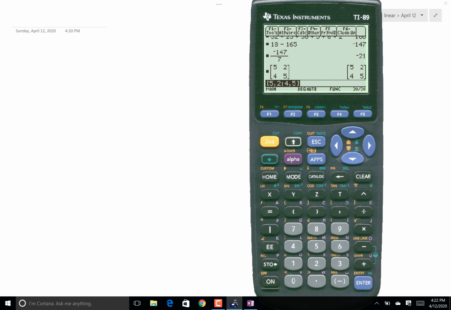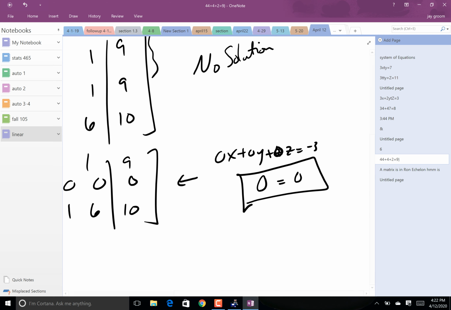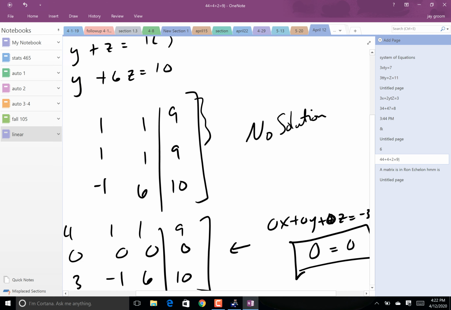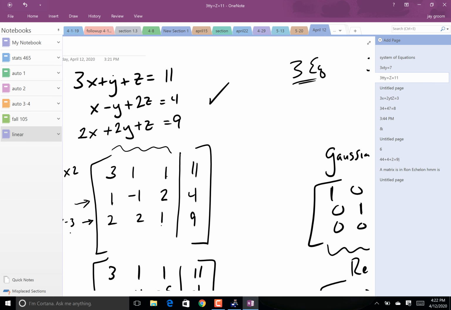So what I can do is I can actually create an augmented matrix the same way. So what we'll do is come back to the one that we did earlier. This one. No, not that one. That won't work. Let's do one that we know works. This guy here, yes. So we're going to type that guy in.